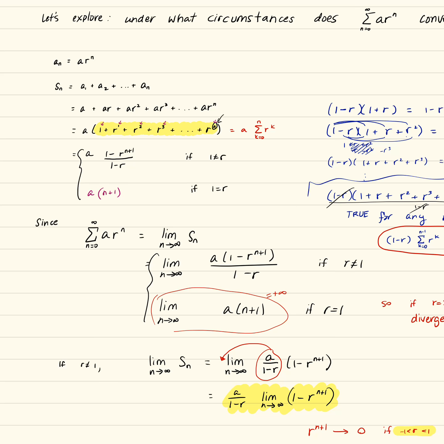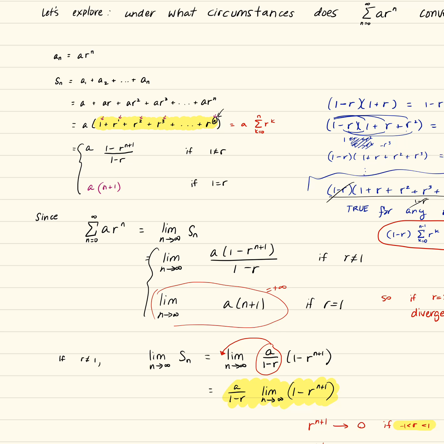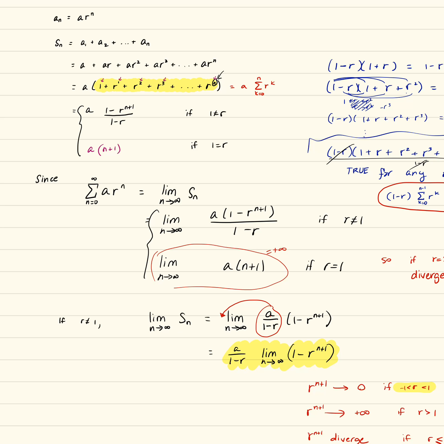If, on the other hand, r is not equal to 1, then we can go back to our formula over here and divide both sides by 1 minus r. That's what I did up here. Divide both sides by 1 minus r to get that 1 plus r all the way up to r to the n minus 1 is 1 minus r to the n over 1 minus r.